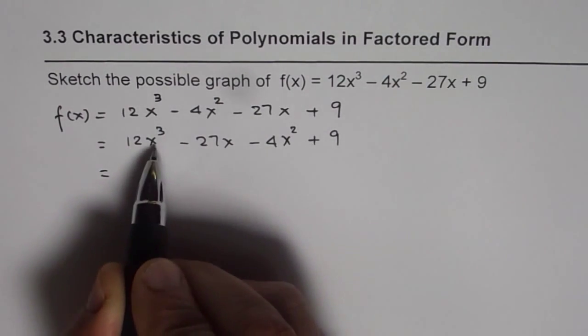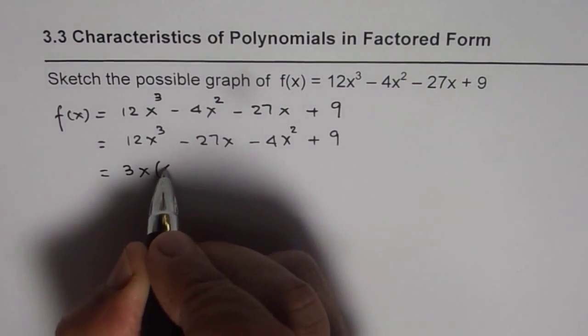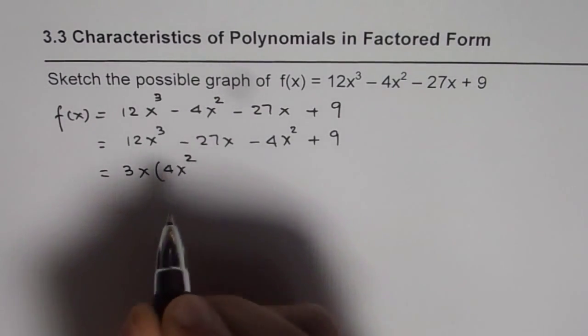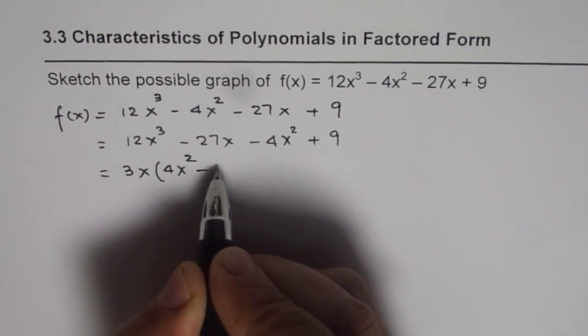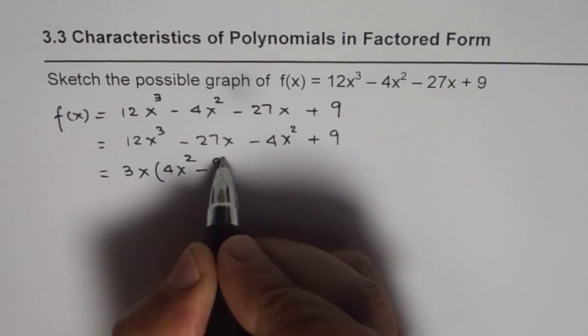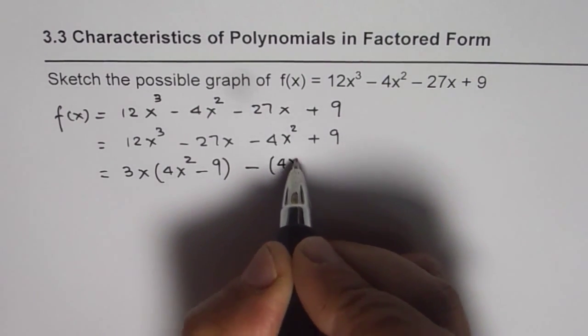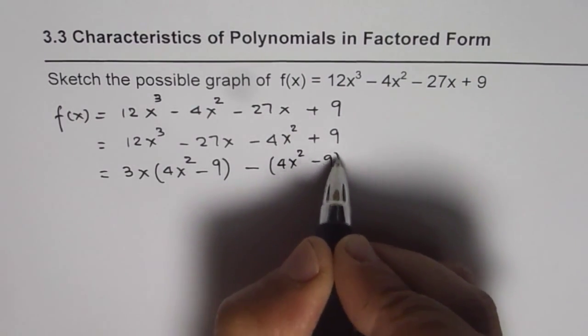3 is common and x is common, so we can take 3x common. We are left with 4x squared, and when you divide 9 by 3, you get 3, so 4x squared minus 9, right? Let's take minus common here, so you again get 4x squared minus 9.